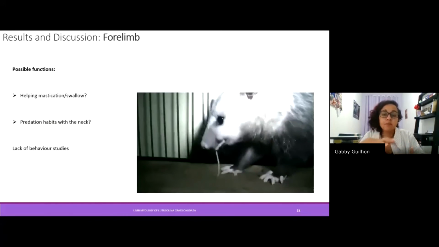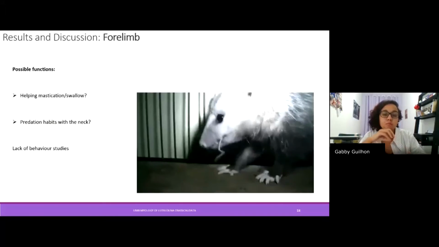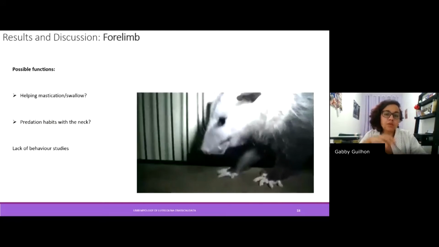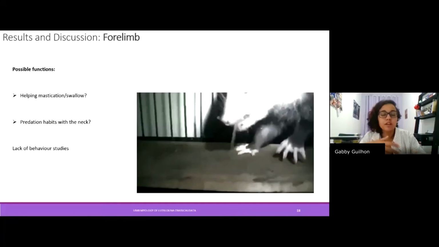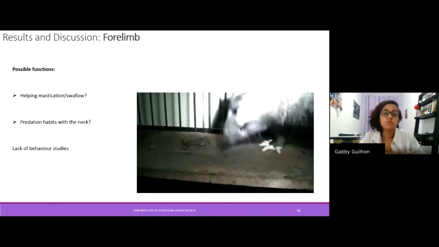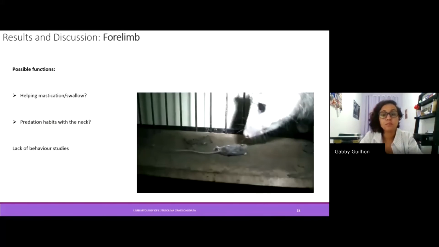And we can see that even doing this, the first attempt on the prey is most of the time with the head. So they need a very strong neck to do this approach. But this is difficult information to suggest because we have a very large gap in behavior studies in marsupials.